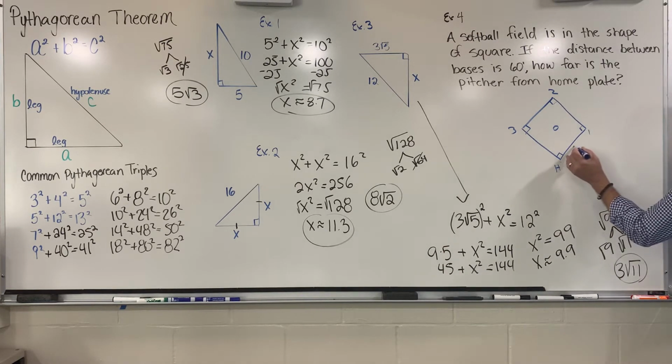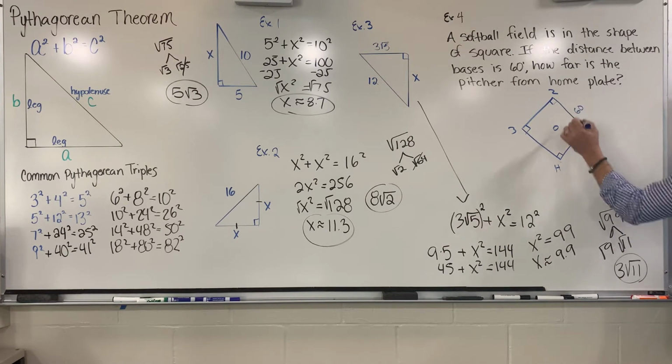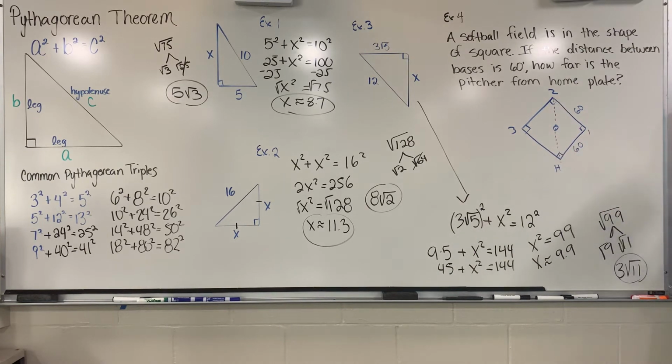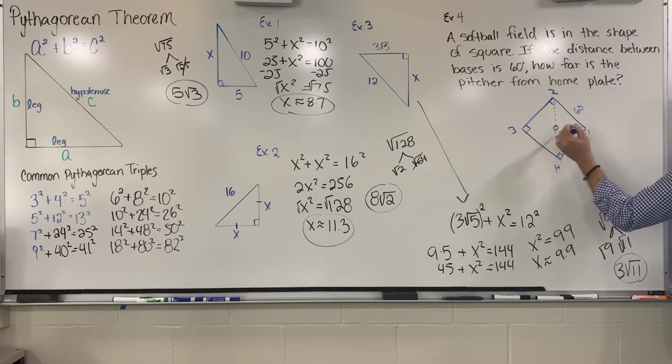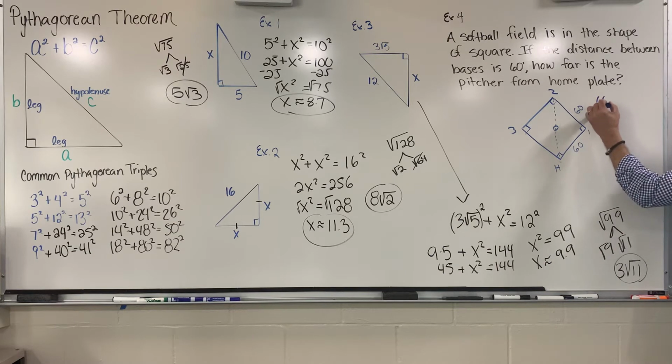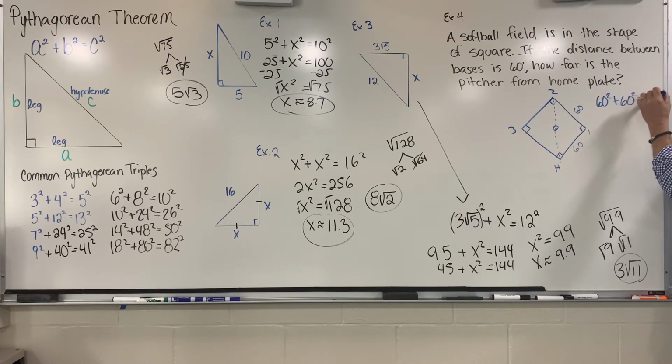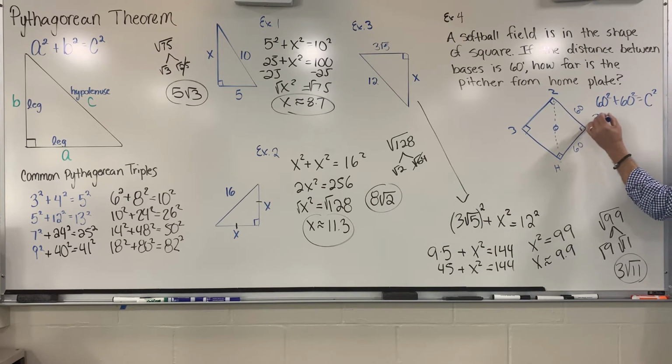If I know that these are each 60, then if I divide this square from second base to home, that becomes my hypotenuse. And so I've got 60 squared plus 60 squared equals c squared. That's 3,600 plus 3,600.